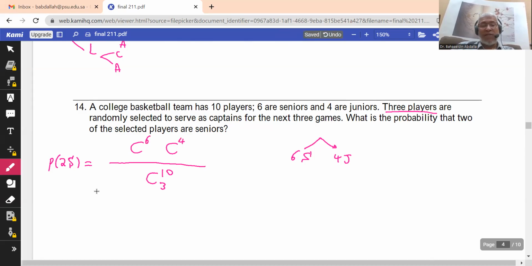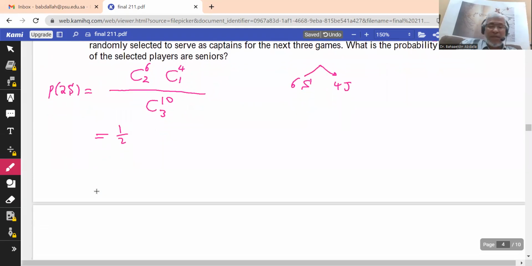I want to select 2 seniors. So from the 6, I'm going to select 2, but I'm selecting 3. So the third one would be a junior. You put this in the calculator and you find the answer. You write 6C2 times 4C1 over 10C3. The answer is half.